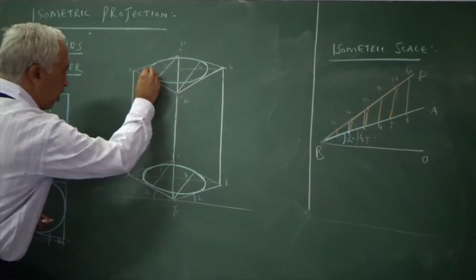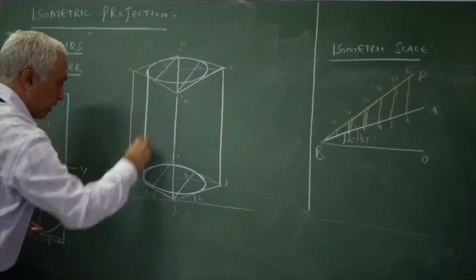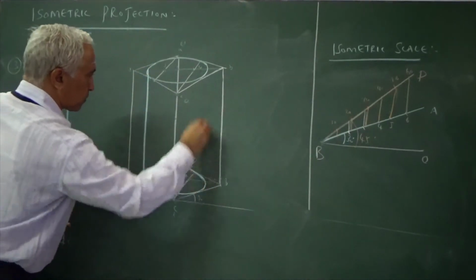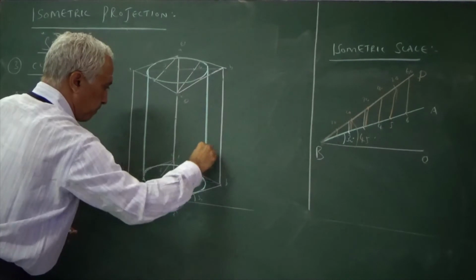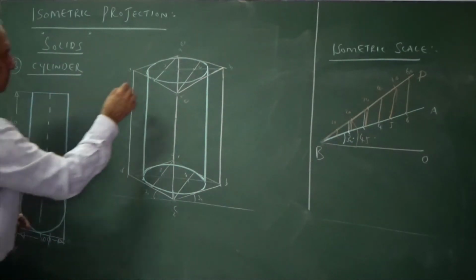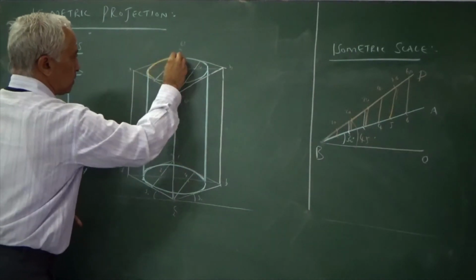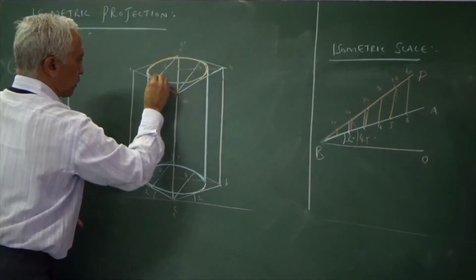Then draw a tangent, which is a line drawn vertically to the end of the ellipse on both sides. And after completing this, show the visible part of the cylinder. I view from the top, so draw the top ellipse because it is visible.